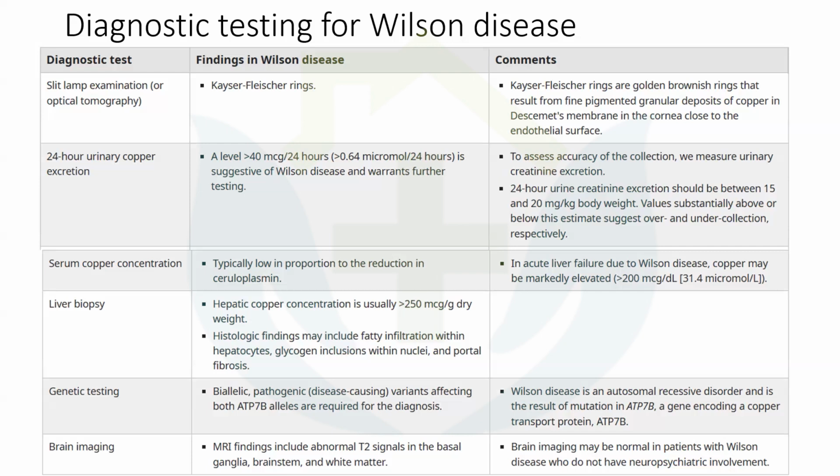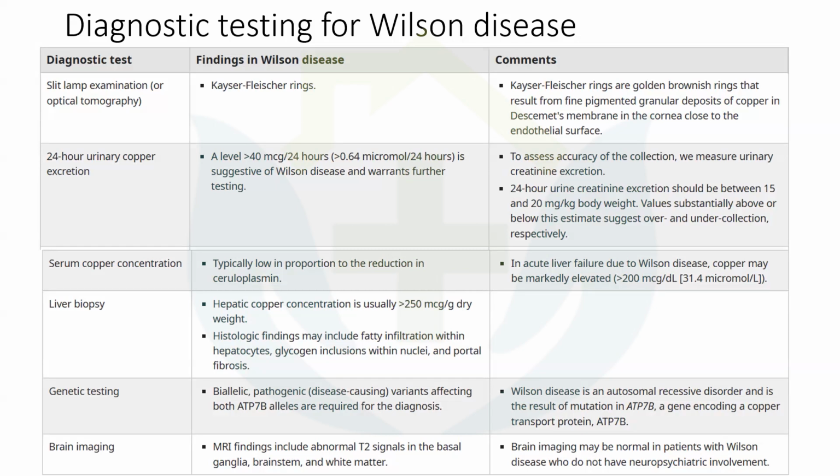When we do the liver biopsy, we check how much copper is there per gram of dry liver weight. If it is more than 250, this is highly suggestive of Wilson disease. We can also do genetic testing. When both alleles of ATP7B are involved, this confirms the diagnosis.